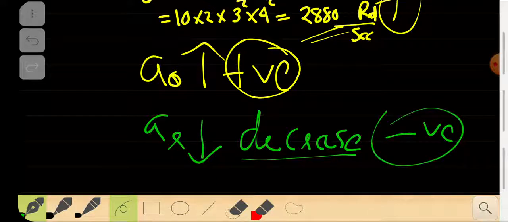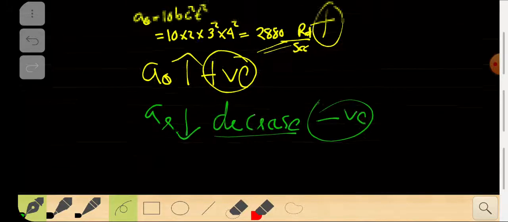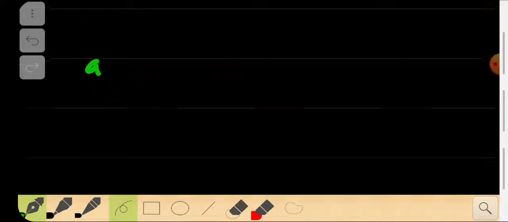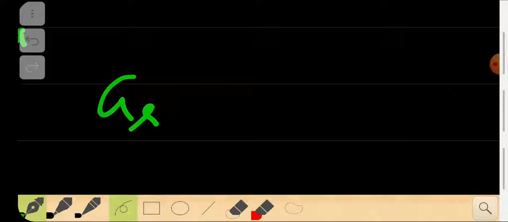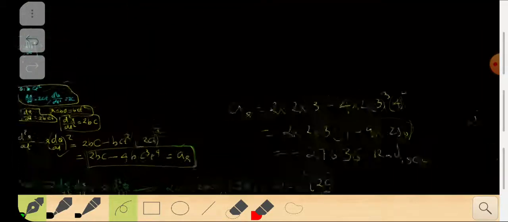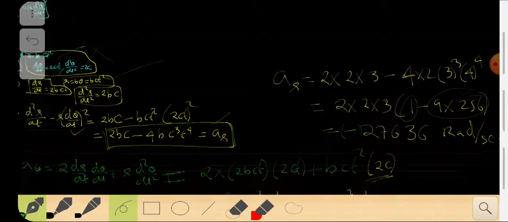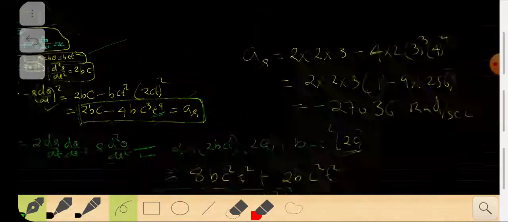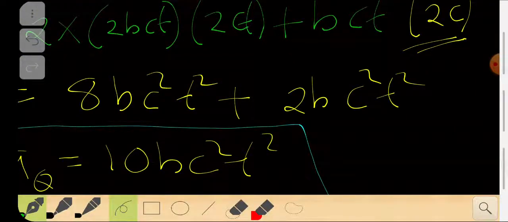Okay, so we have done the problem. Now there comes a point where we need to find out the trajectory, right? This is not the problem. Our problem is physics, right? So physically, what does this mean? So AR is proportional to minus of something. If you look back at the basic equation, AR is proportional to t raised to 4 here, and A theta was proportional to t square.